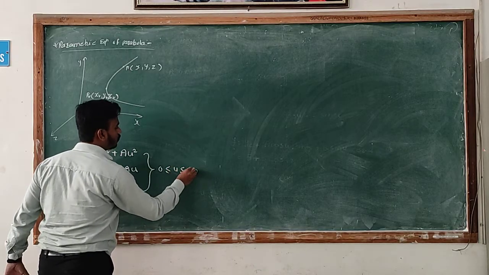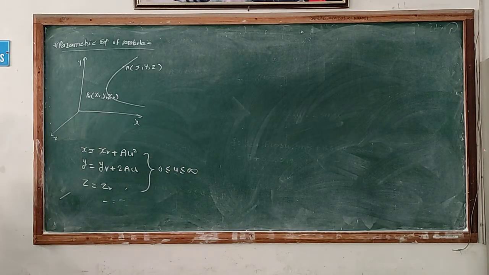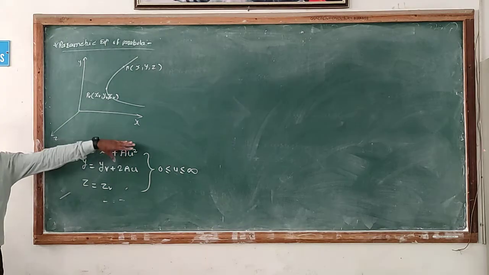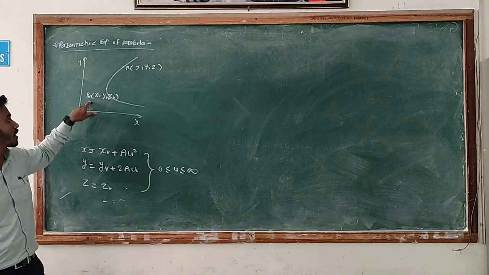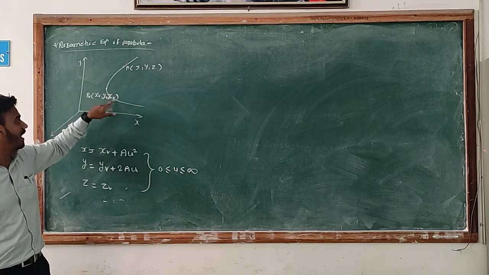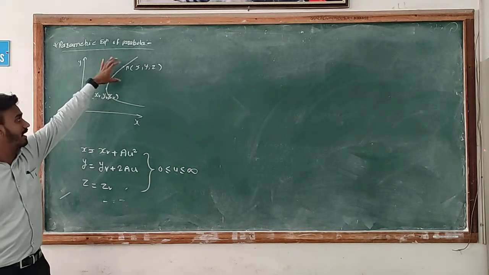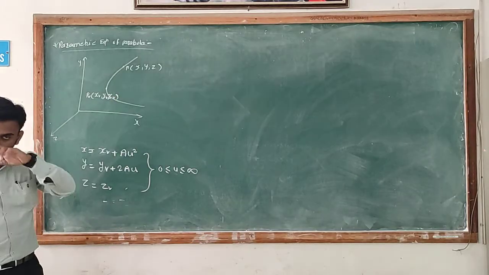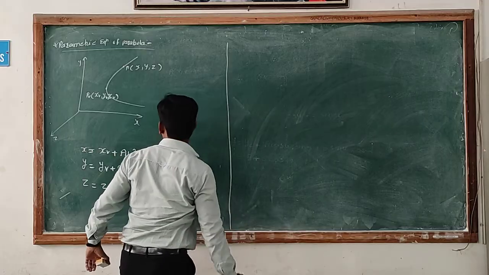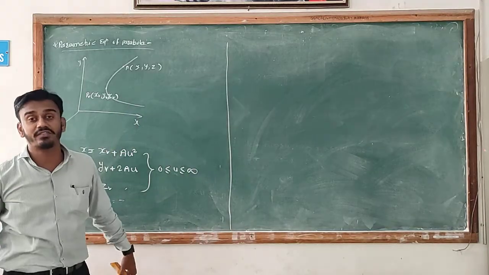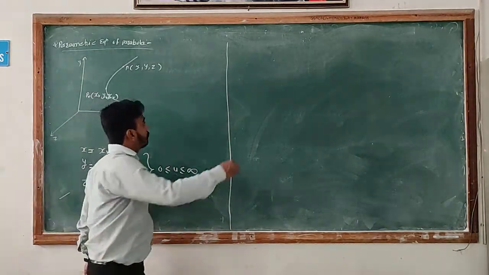So this is the parametric equation of the parabola, having the coordinates of the vertex xv, yv and z. Okay, and value of u is varying from 0 to 2 pi. Sorry, 0 to infinity.